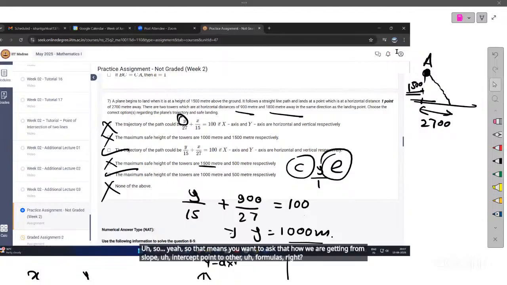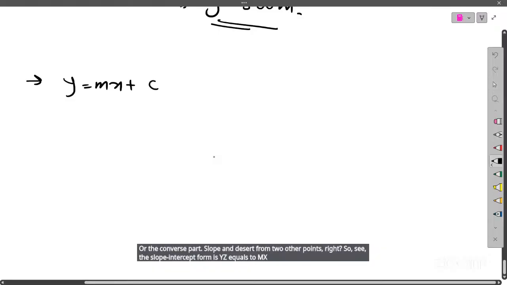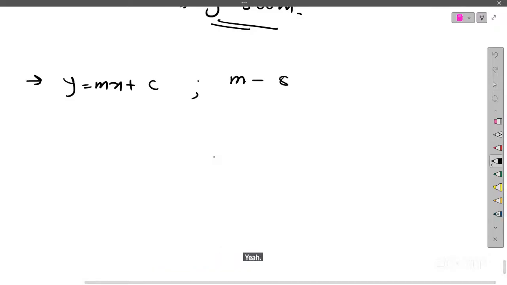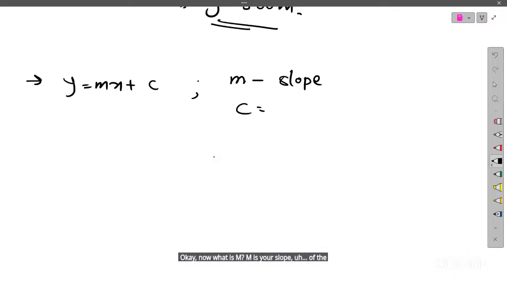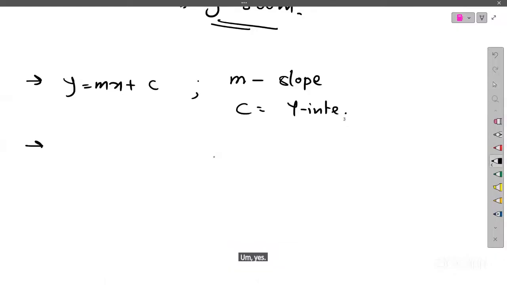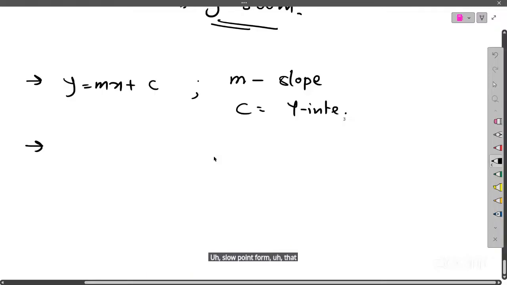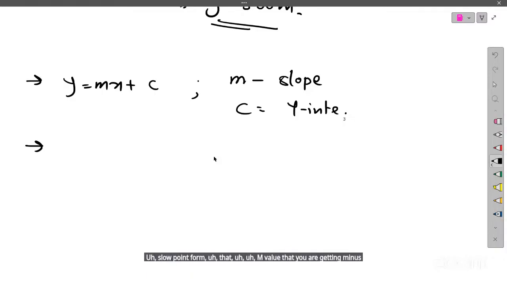Or the converse part. Yes, slope intercept form to other forms. The slope intercept form is y is equal to mx plus c, right? Now what is m? m is the slope of the line, and what is c? c is the y intercept. Okay. Yes. So now from which form to which form do you want to convert? Slope point form, that m value that we are getting, minus a by b.